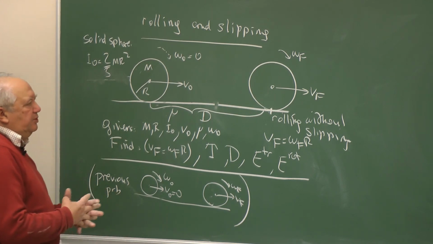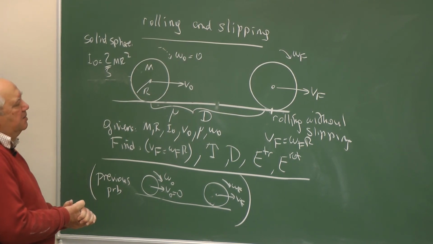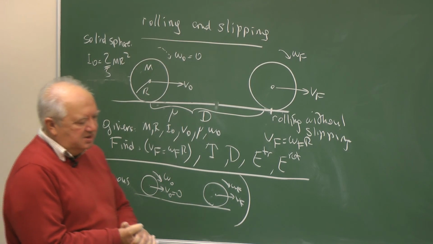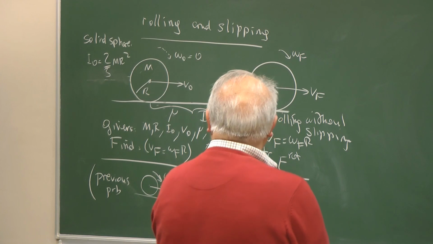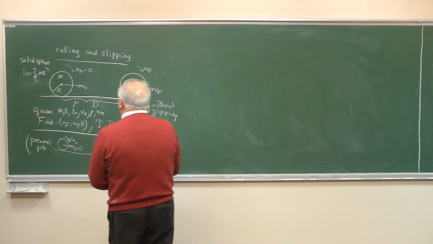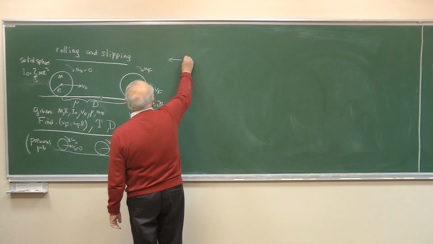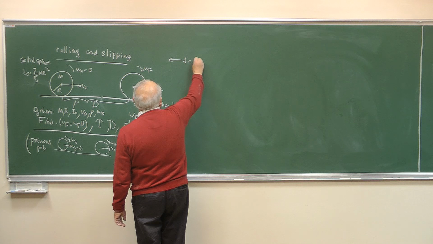Before we do anything, let me just look at the dimensions. What are the distances and the times involved in this problem? Well, there is the friction force, and the friction force will be F equals mu times mg.